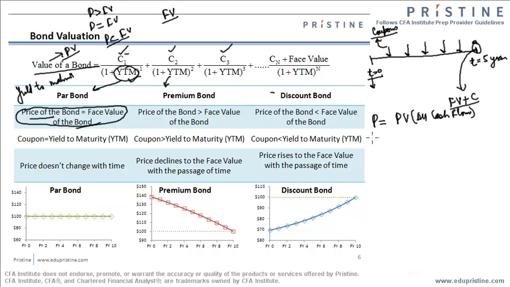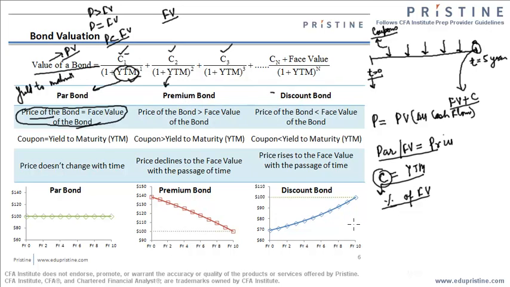So if the par value or the face value of the bond is equal to the price, that means that the coupon would be equal to the yield to maturity. Whenever I say coupon here, this coupon is in percentage terms of the face value.